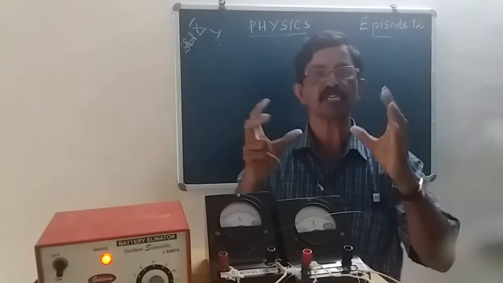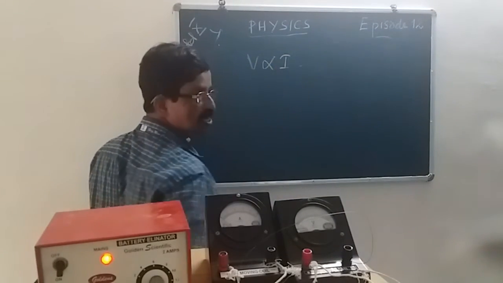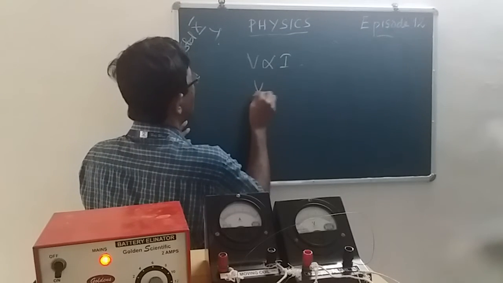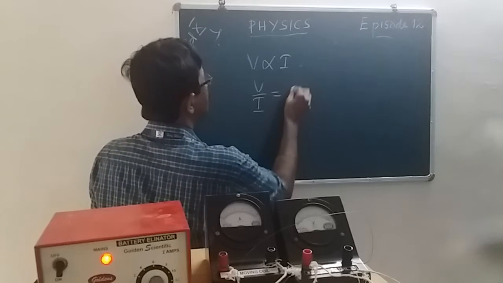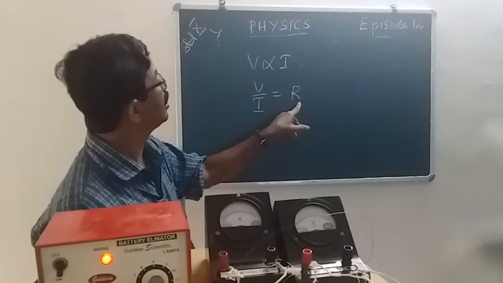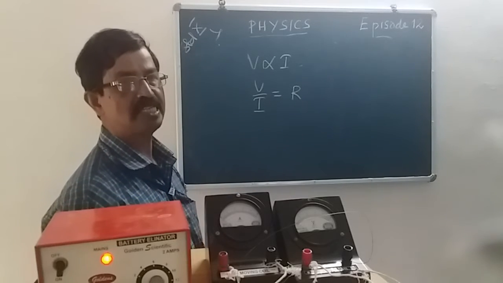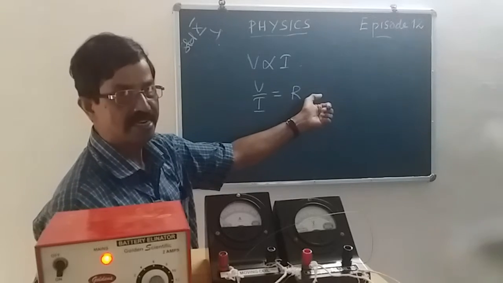How can we represent it mathematically? That means V is proportional to I, or V by I is equal to a constant. But that constant is R, and R is the resistance of the conductor.